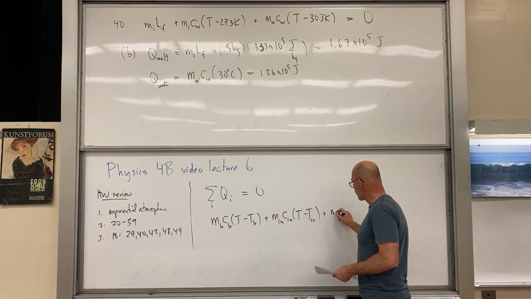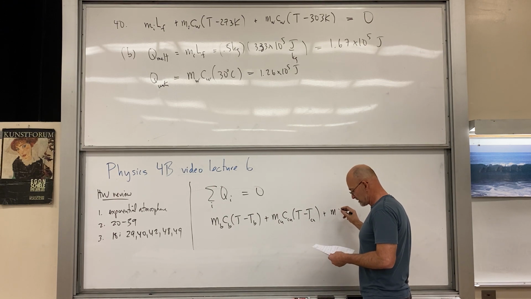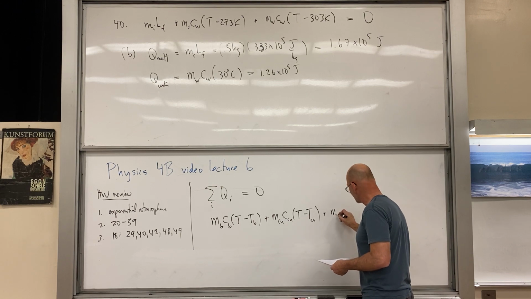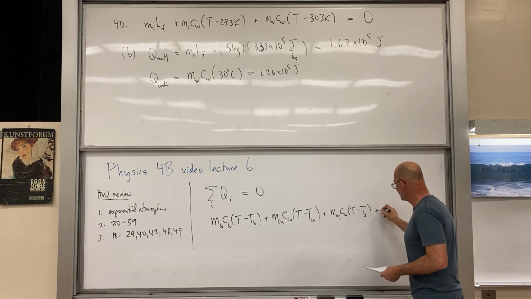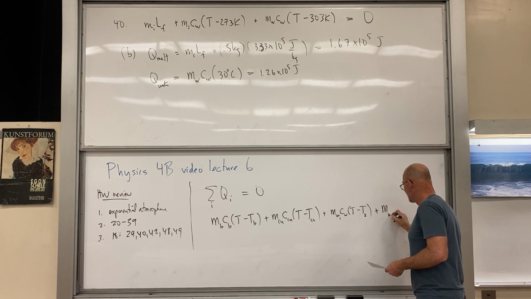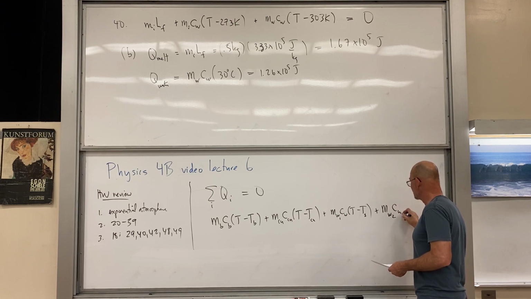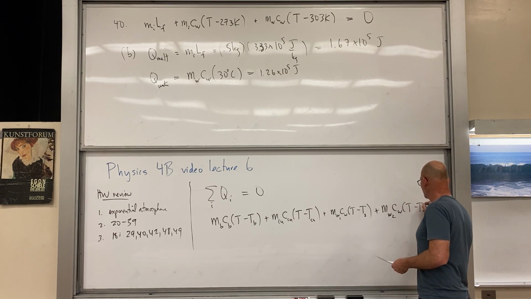And then you have some water. We had two water here, so water 1, specific heat of water, T minus T1 for the water. And then we had the next water sub 2, specific heat of water, T minus T sub 2.